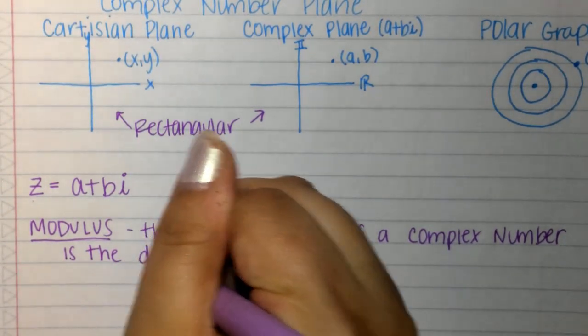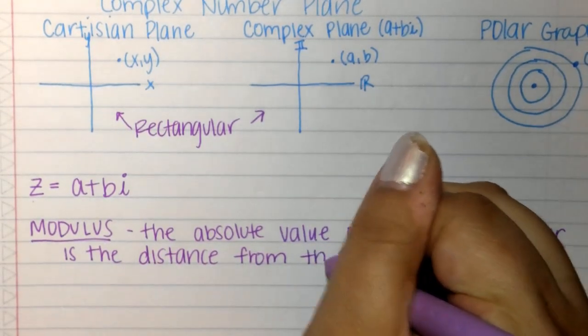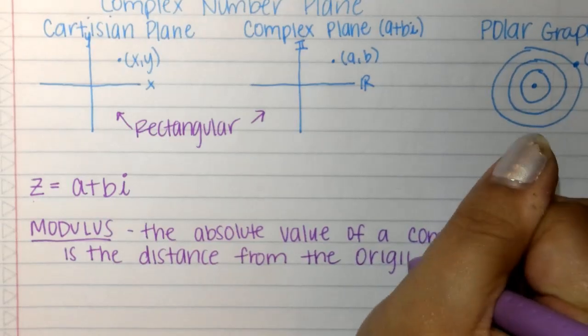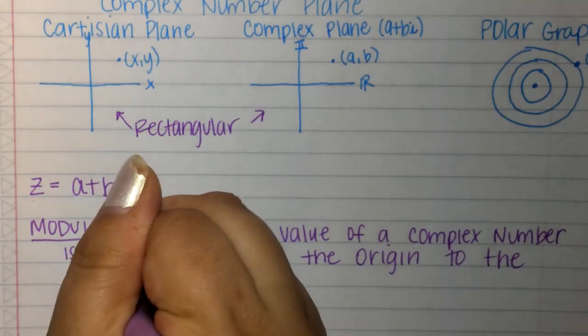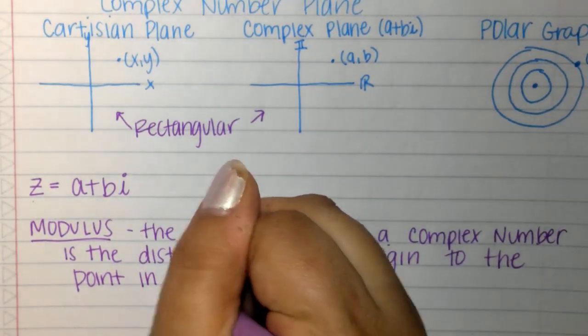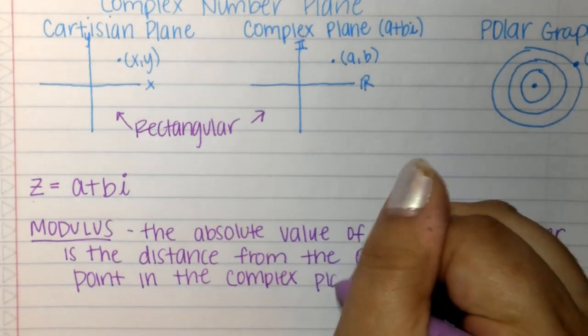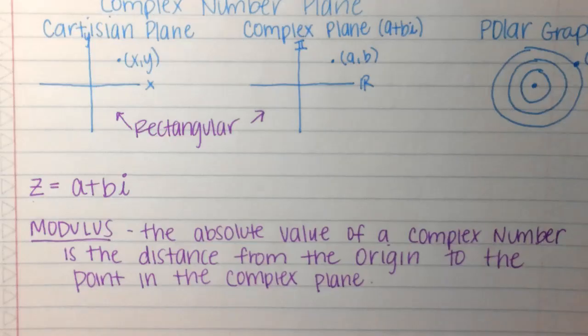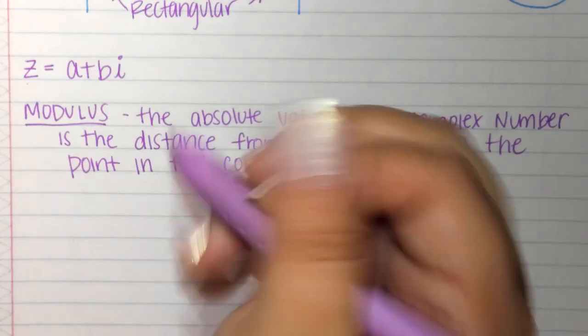It is the distance from the origin to the point in the complex plane. The modulus, the absolute value of a complex number, is the distance from the origin to the point in the complex plane.